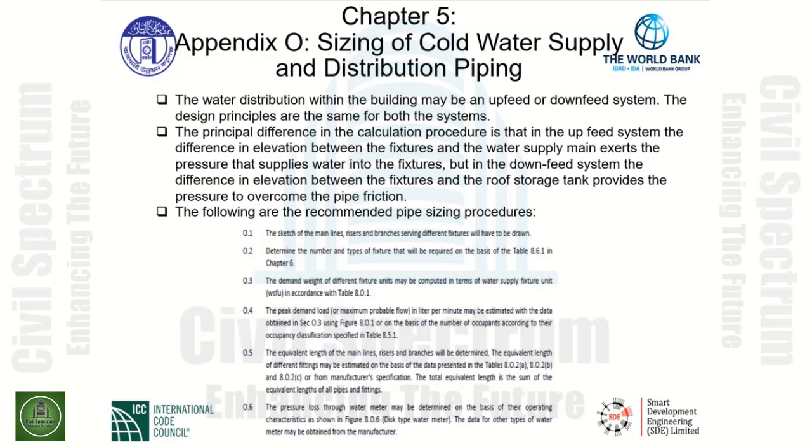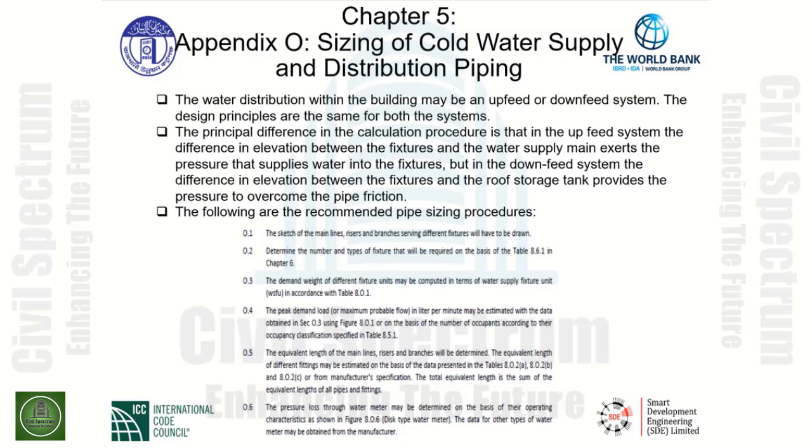The principal difference in calculation procedure is that in the upfeed system, the difference in elevation between the fixtures and the water supply main exerts pressure that supplies water into the fixtures. But in the downfeed system, the difference in elevation between the fixtures and the roof storage tank provides pressure to overcome the pipe friction.